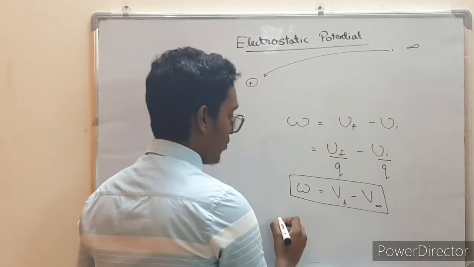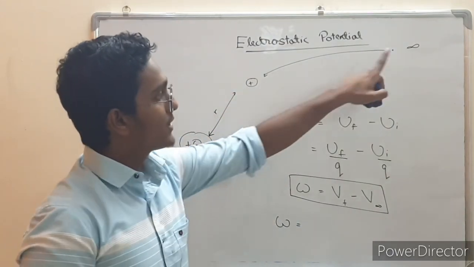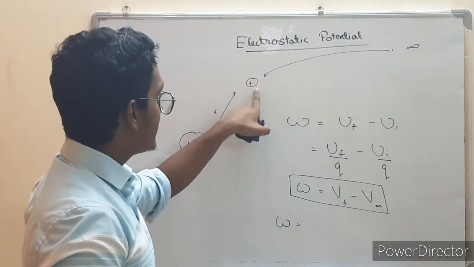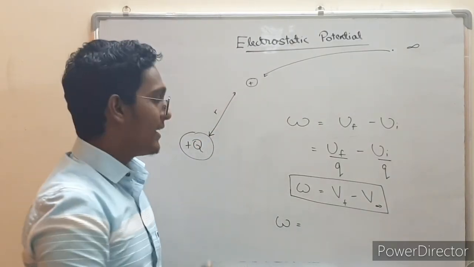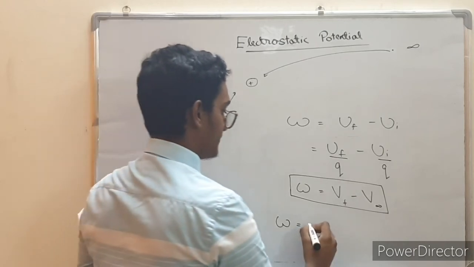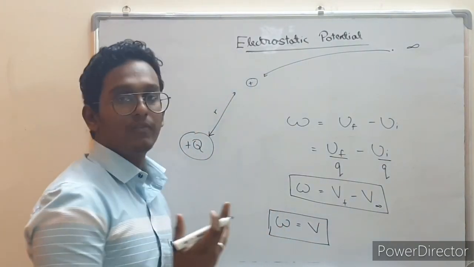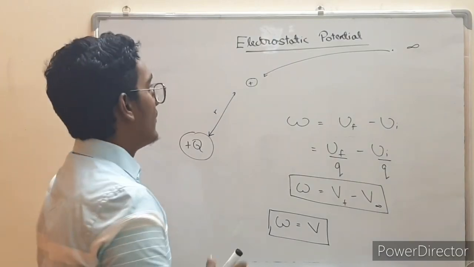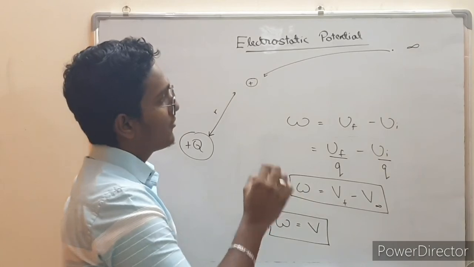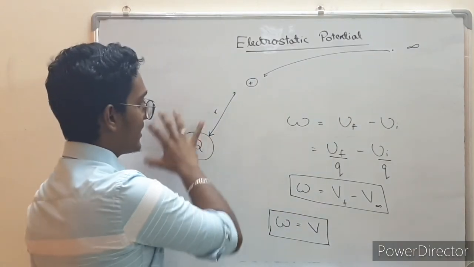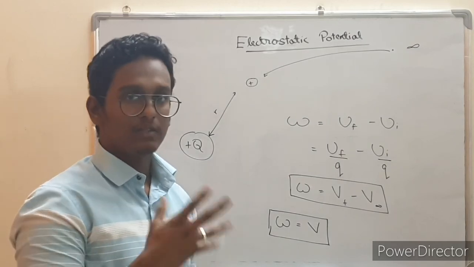So it becomes the work done required to move a charge from infinity till this point at distance r, which is equal to the potential at that point. This is the definition of electrostatic potential: the amount of work that needs to be done to bring a charge from infinity to a point in the given region is equal to the electrostatic potential of that point.